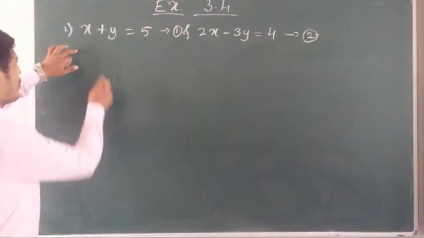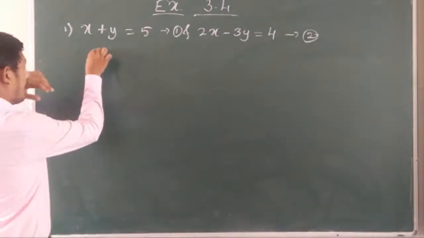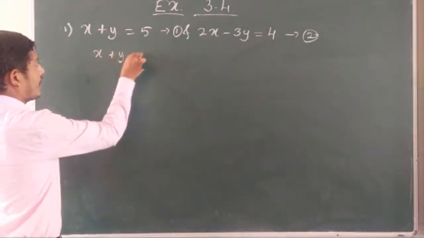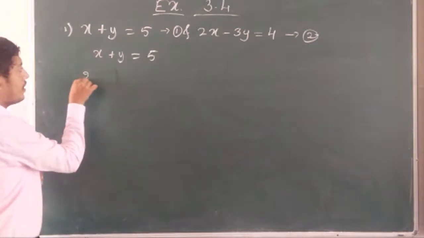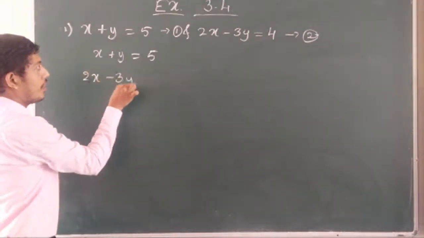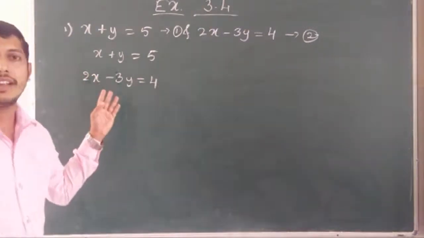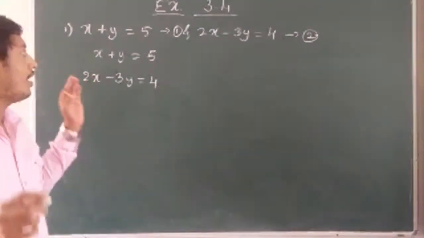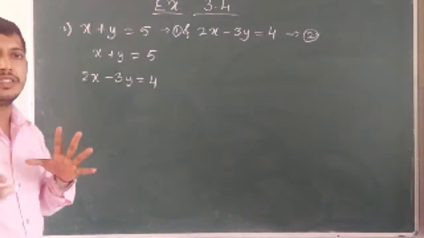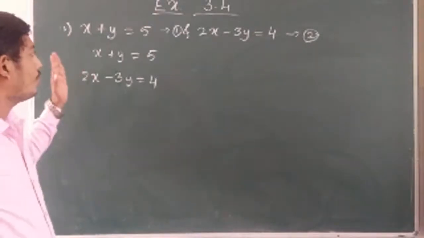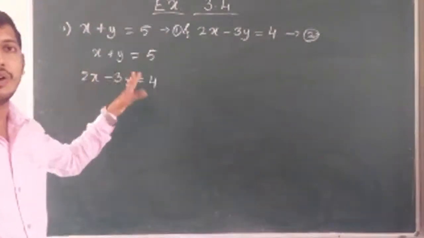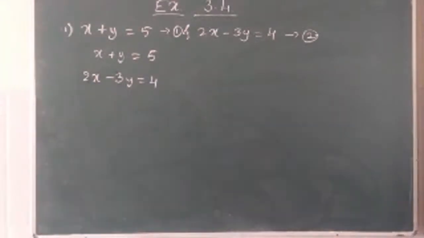I will write the equations here. x plus y equals 5 and the second one is 2x minus 3y equals 4. So two equations are in front of you. Now just try to think how to eliminate either x or y.